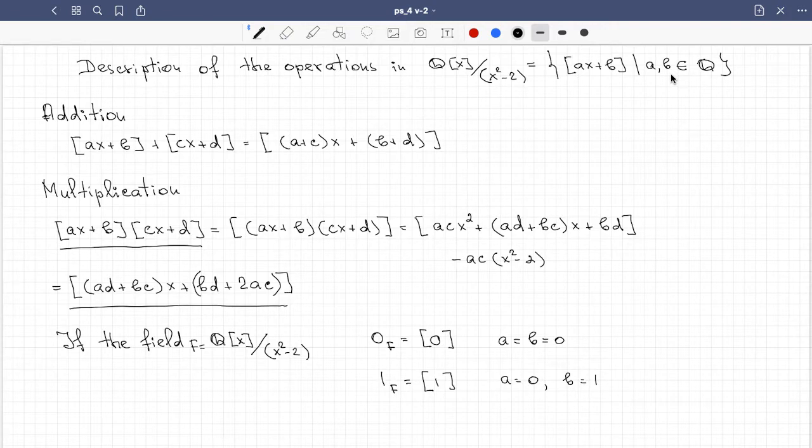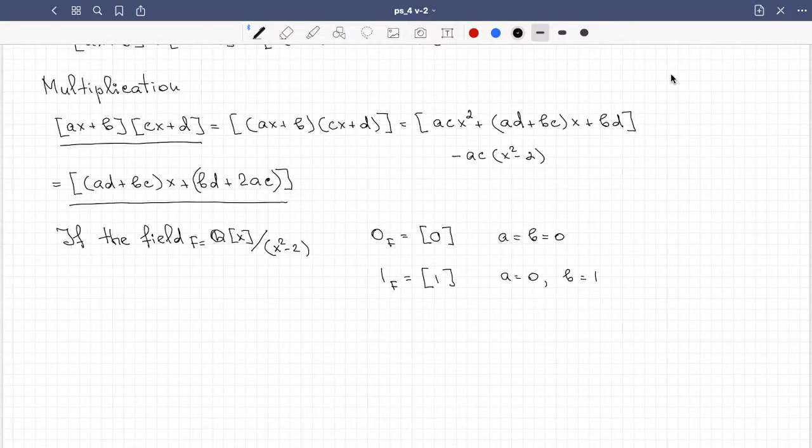There is another representation of this field. In this same field, we have that x squared is 2, of course. So if x is the root of this polynomial, so x times x. What is x? x is 1x plus 0.